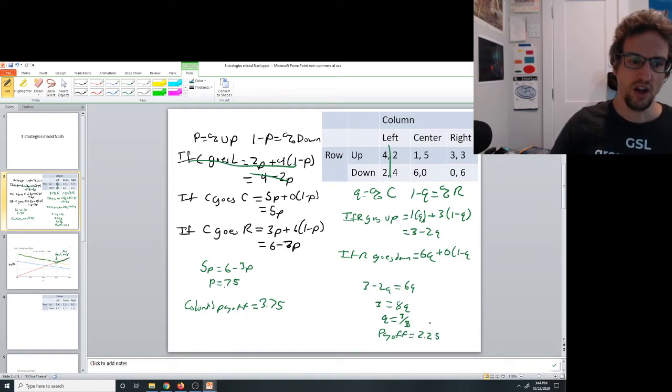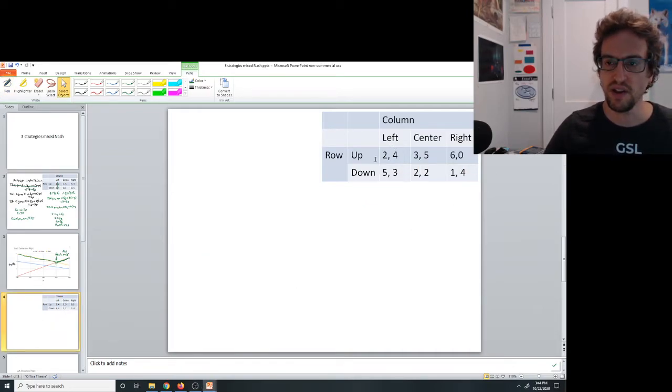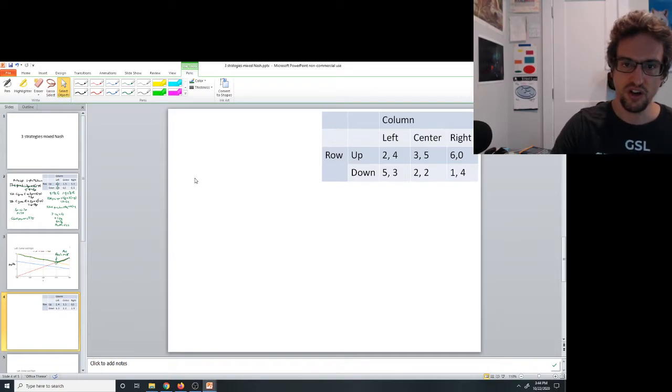Okay. So another version of this. This version is non-constant sum, and this time there's no dominated strategy, so it should be a little bit trickier to do, but the process is the same.